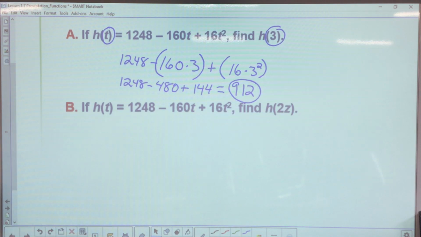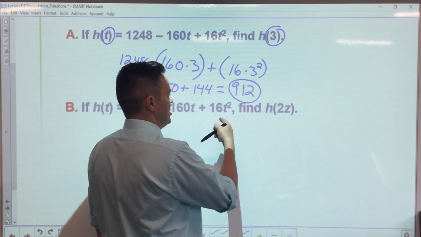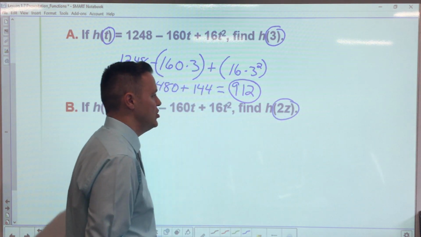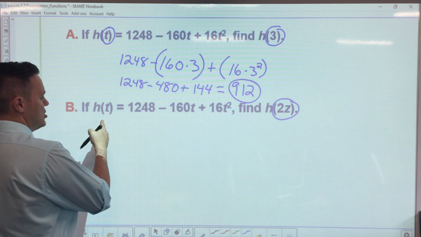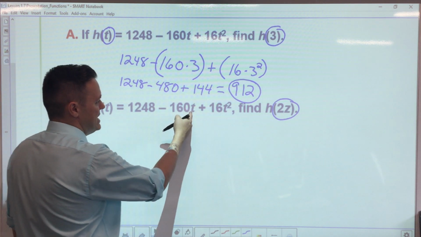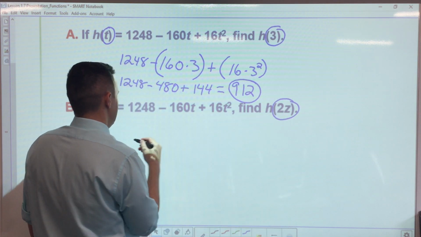Now, h of t, same thing. Okay? Now, the complication is they give you another variable, 2z. How nice of them. So instead of t, you're going to take all the t's and replace them with 2z.